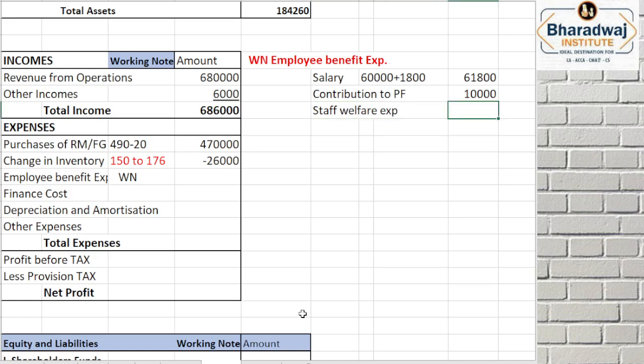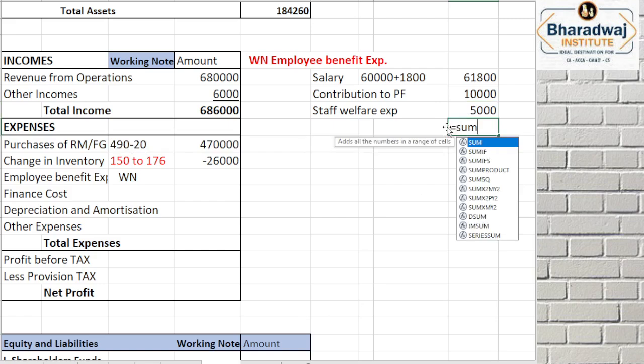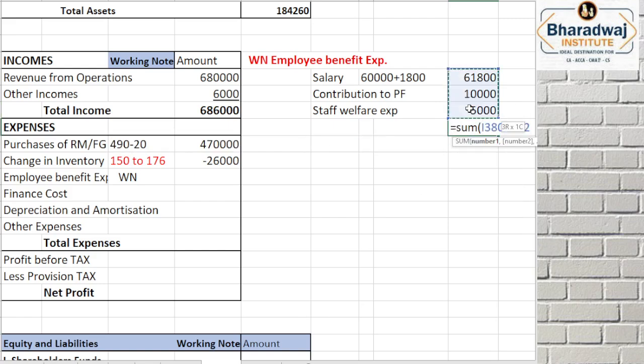Staff welfare expenses, how much? 5,000. No finance cost, I hope, in this question. No debenture, no finance cost in this question. Depreciation and amortization, let us do the working note.